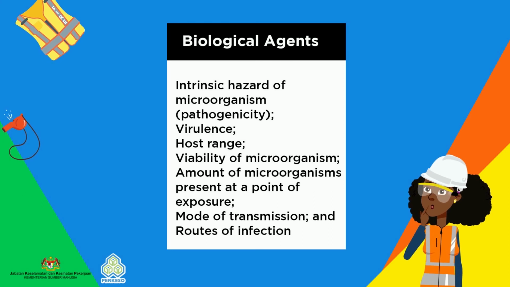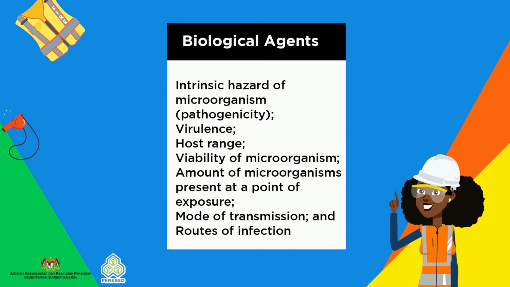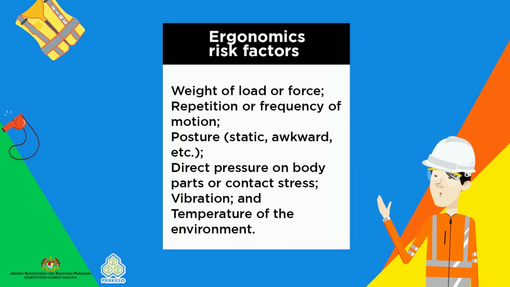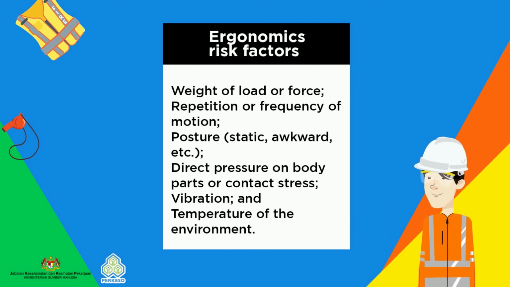The second column is biological agents: intrinsic hazard of microorganism, pathogenicity, virulence, host range, viability of microorganism, amount of microorganisms present at point of exposure, mode of transmission and routes of infection.